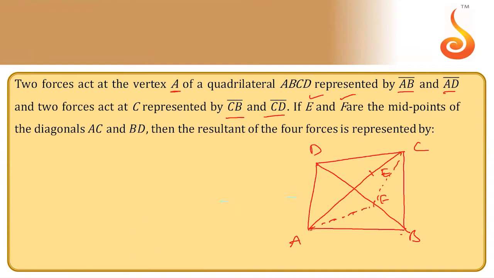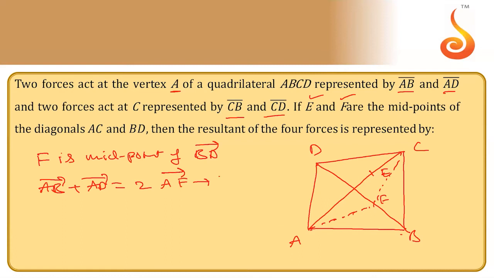Here F is the midpoint of BD, so AB plus AD equals 2 times AF. That is equation 1.